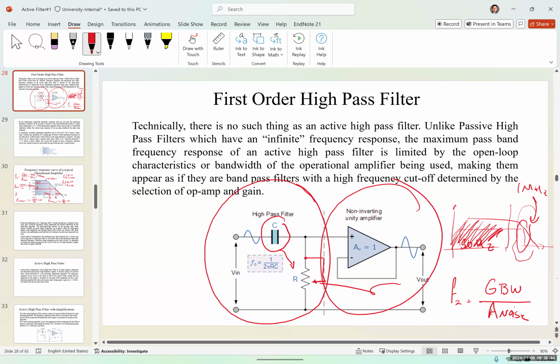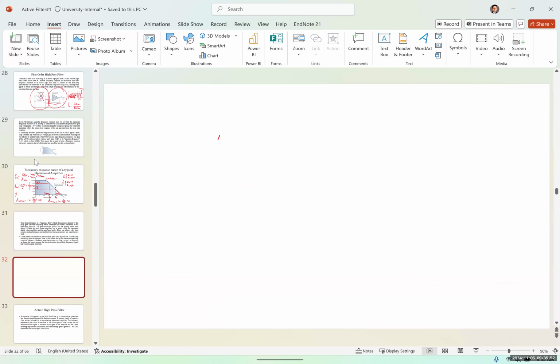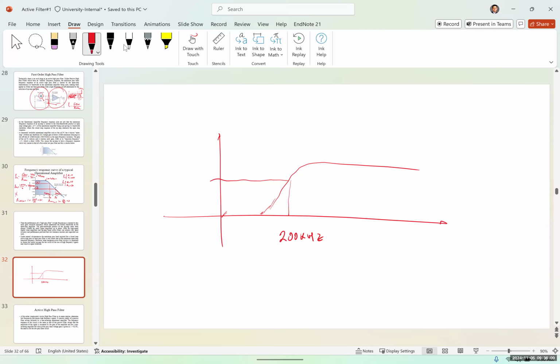Let's imagine the opposite. Imagine that I want to design a high pass filter, and the cutoff frequency of that high pass filter is around, let's say, 200 kilohertz. But the upper cutoff frequency of our op amp is, and I'm going to draw it here, around 300 kilohertz or 250 kilohertz.